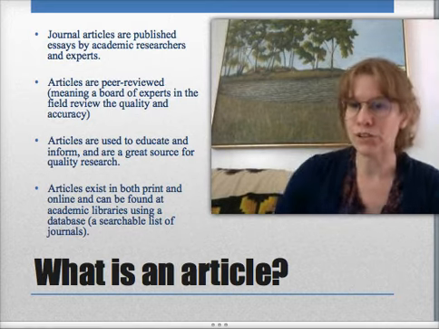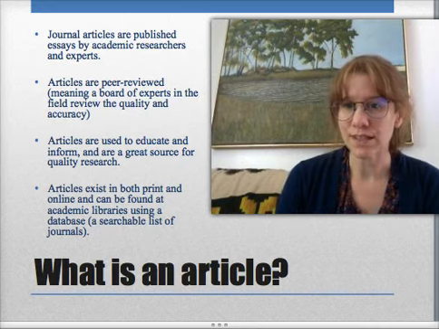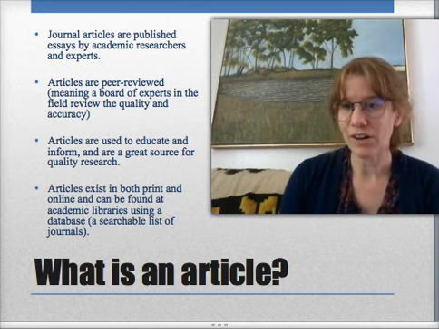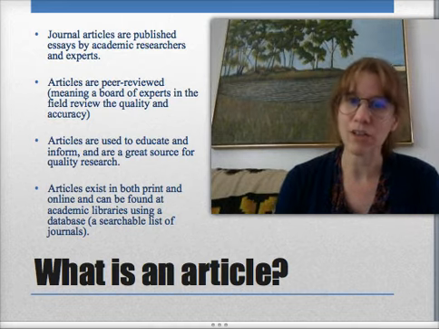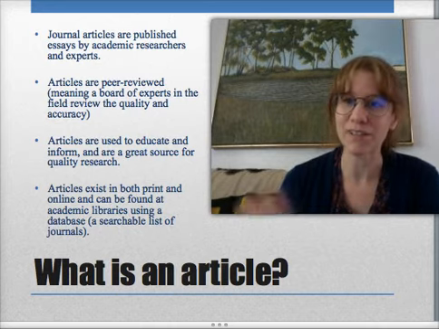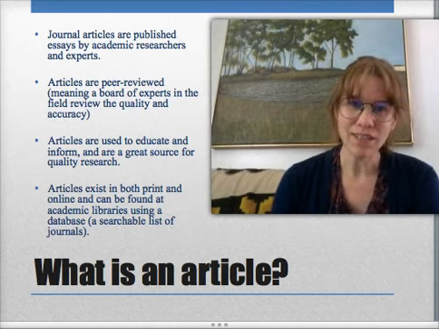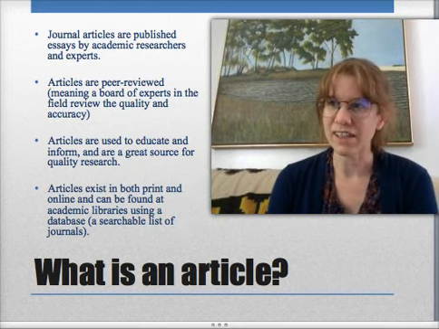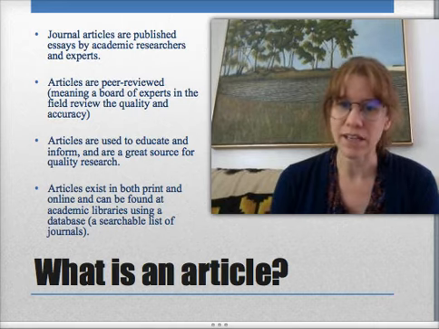A peer review just means there's a board of other experts on that topic who look through your article, do fact checking, and check the accuracy and the integrity of your study, making sure everything checks out and is accurate.